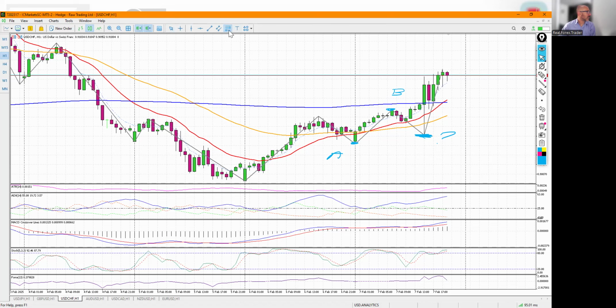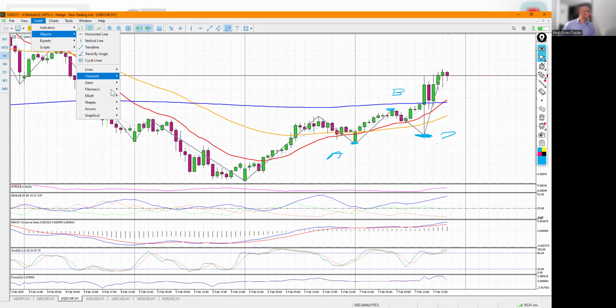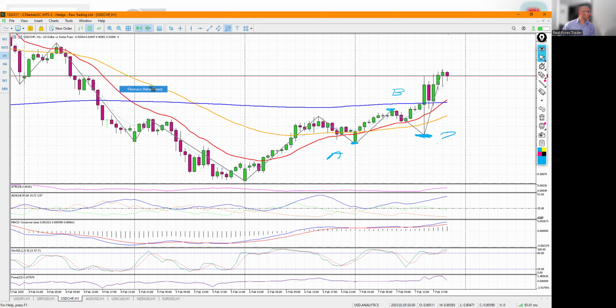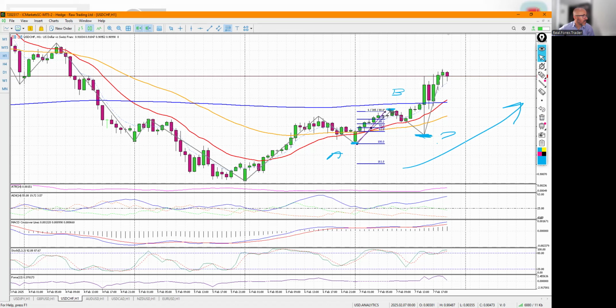Click here on my tool, or if you want, you may click on Insert, come to Objects, click on Fibonacci retracement. The same thing. Because we are checking an uptrend, what we're going to do is trace the Fibonacci from point A to point B. So it's like this, from here to here, right?